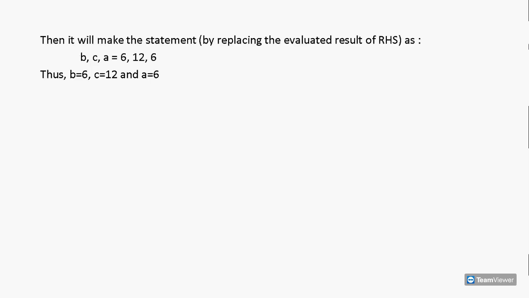Then it will make the statement by replacing the evaluated result of right hand side as b, c, a is equal to 6, 12, 6. Thus, b is equal to 6, c equal to 12 and a equal to 6. The third statement print a, b, c will print 6, 6, 12.